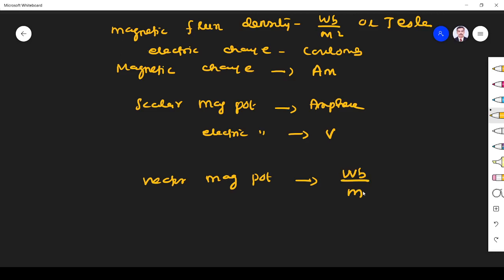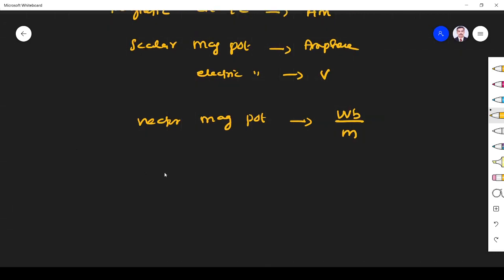Okay. Then what do you call current density? Current density means area. So current is ampere, density is ampere per meter square. Right?